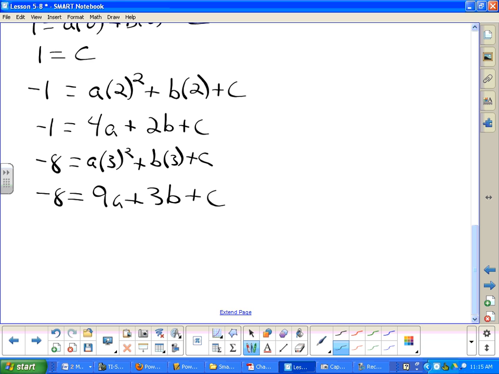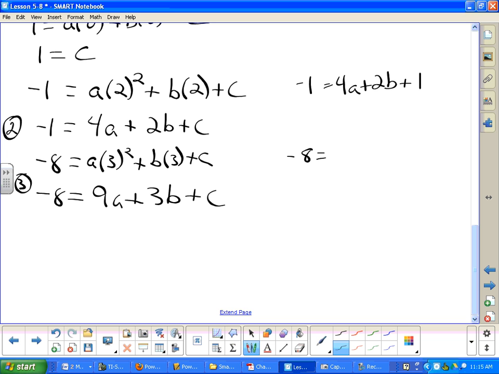Now the nice thing about this one is that the first equation, when I simplified it, tells us that c equals 1. So this is done. I can take equation 2 and equation 3, and go ahead and put 1 in for c. So if I put 1 in for c here, I get negative 1 equals 4a plus 2b plus 1.